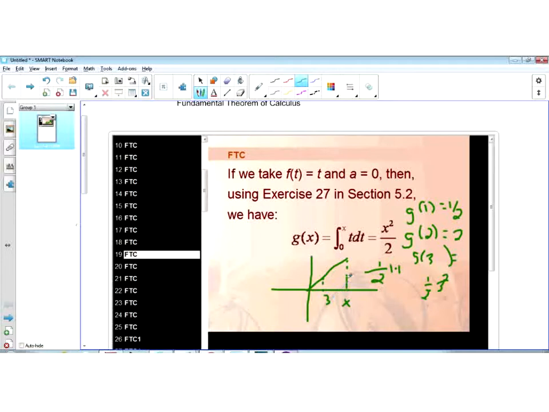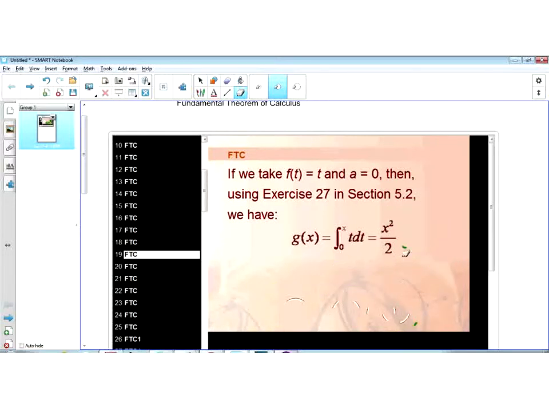No matter what x you choose, the area under the curve will be 1/2, the base length will always be x, and the height will always be x. And so that's 1/2 x squared, right? So the g of x for this, which denotes the area under the curve from 0 to x, is x squared over 2, just using the area of subsequent triangles. So we just did exercise 27 of section 5.2.